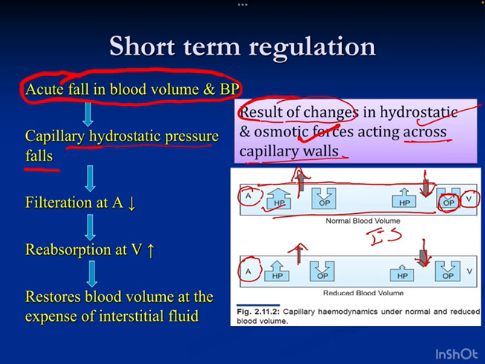So finally there is a restoration of the blood volume at the expense of interstitial fluid. So this is short-term regulation of extracellular fluid volume.